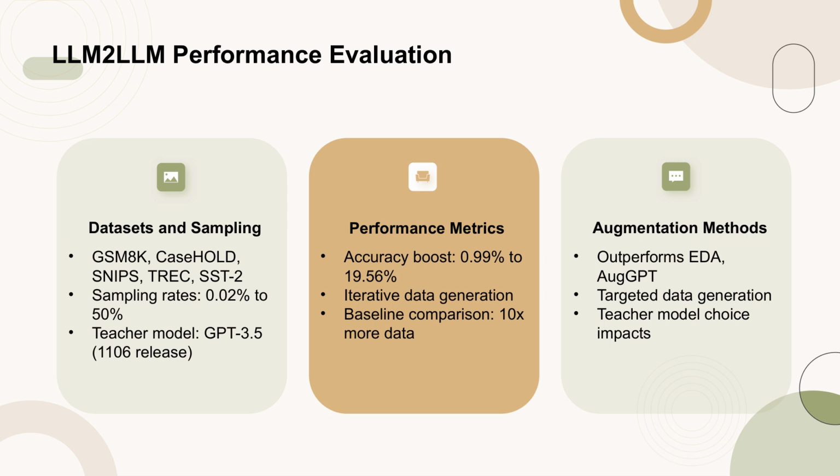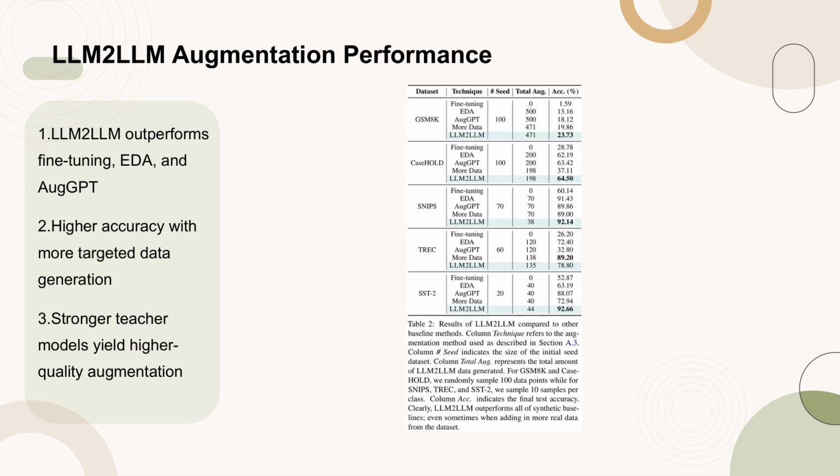Additionally, LLM2LLM outperformed other augmentation methods like EDA and AugGPT, especially in generating more targeted examples where the model struggles. The choice of teacher model also played a crucial role, with stronger models like GPT-4 Turbo yielding higher quality augmentations and better accuracy. Table 2 presents the results of LLM2LLM compared to other baseline methods.